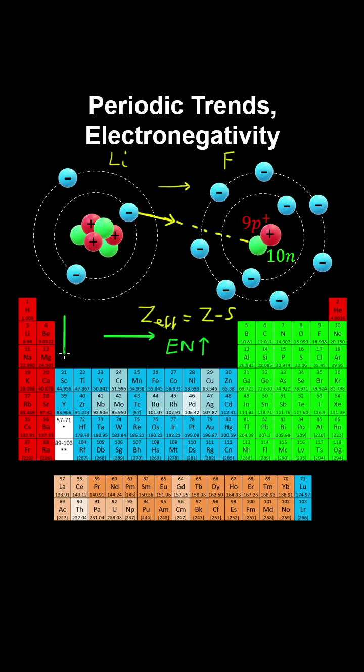And as we move down the periodic table, towards increasing energy levels, additional shells get added to the atom, and therefore you have more shielding electrons that reduce the effective nuclear charge of the nucleus, and therefore its capability of attracting an electron from another atom. So the electronegativity decreases as we move down the periodic table.